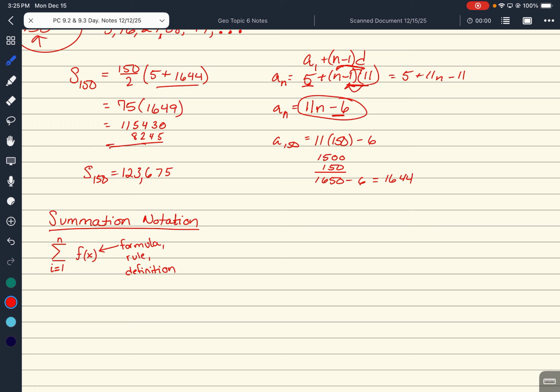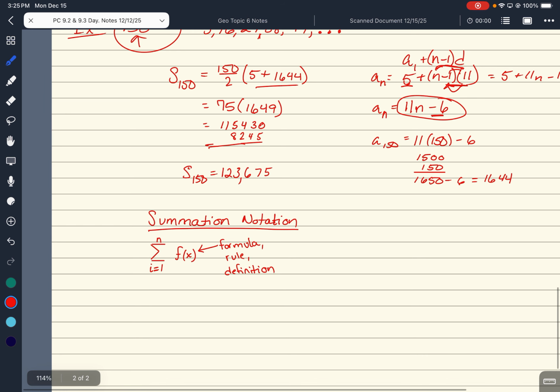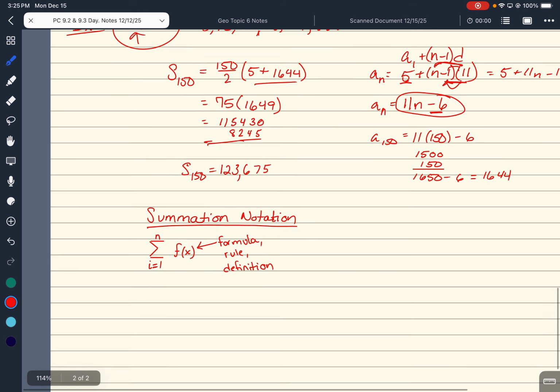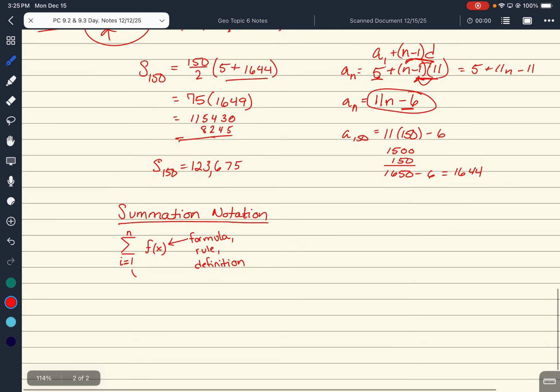That is your lower limit, and remember this now, n is your upper limit.